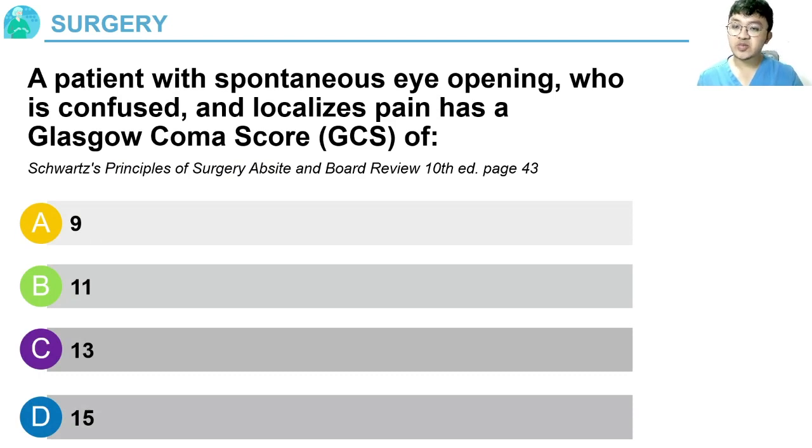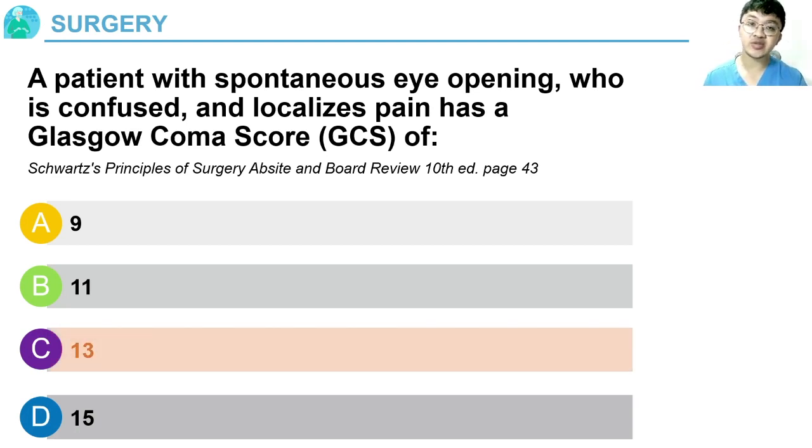Next, a patient with spontaneous eye opening who is confused and localizes pain has a Glasgow Coma score of, is it A, 9, B, 11, C, 13, or D, 15? Again, the correct answer here is letter C, 13.